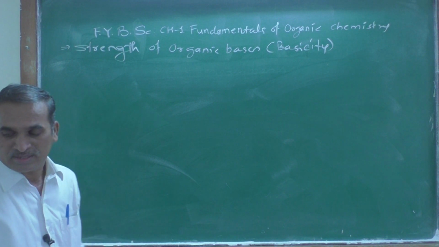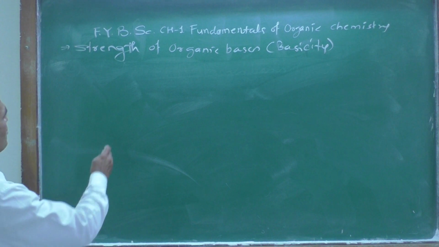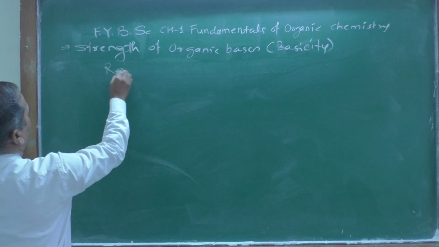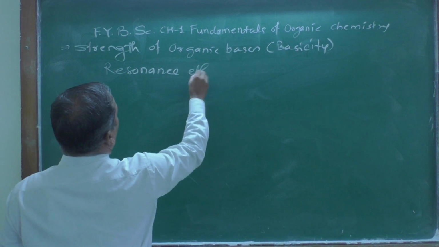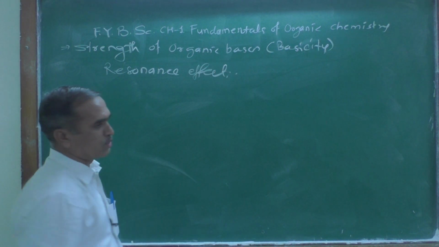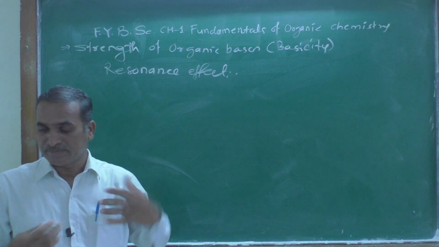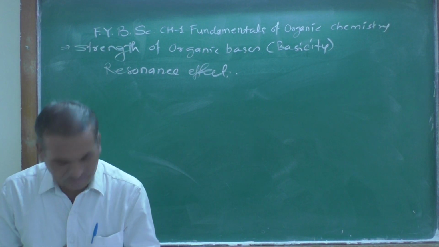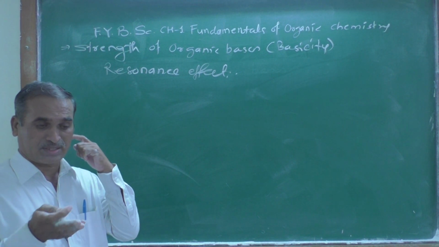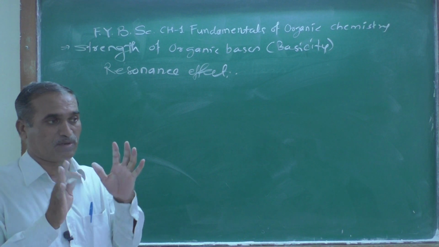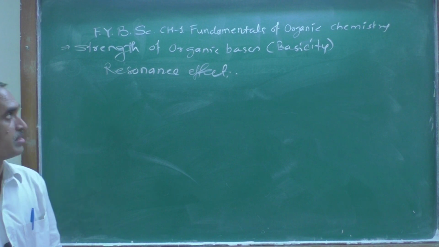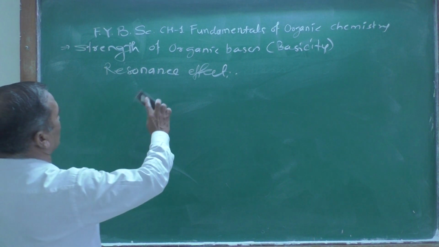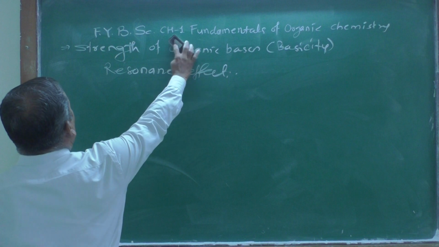Suppose let us consider the resonance effect. On the basis of resonance effect, we are going to learn some applications of the strength of acidity as well as basicity. So that is the common point we are going to learn here, the resonating effect.